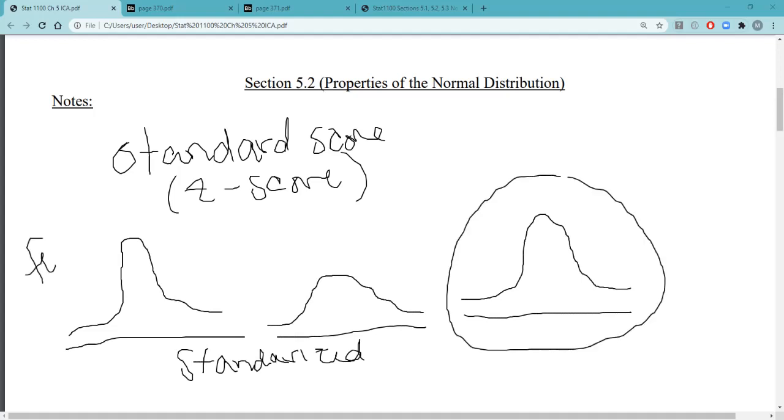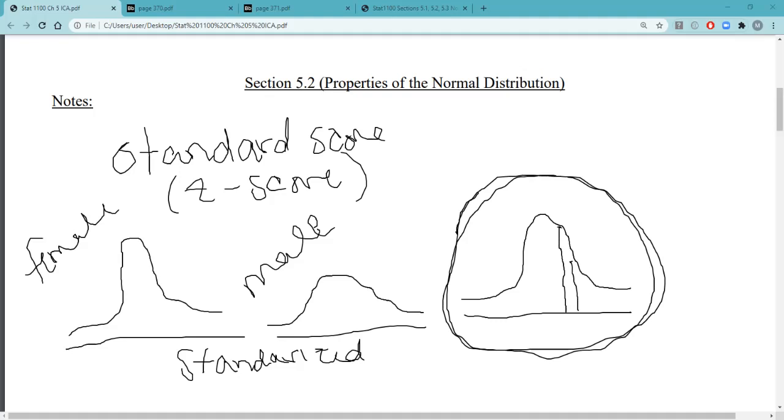So if we had this as our female heights and this is our male heights, now if we come up with a standard score, we can place the woman somewhere on this standard curve and then compare it possibly to that male height. So we're going to take both and standardize them onto one shape of a distribution.